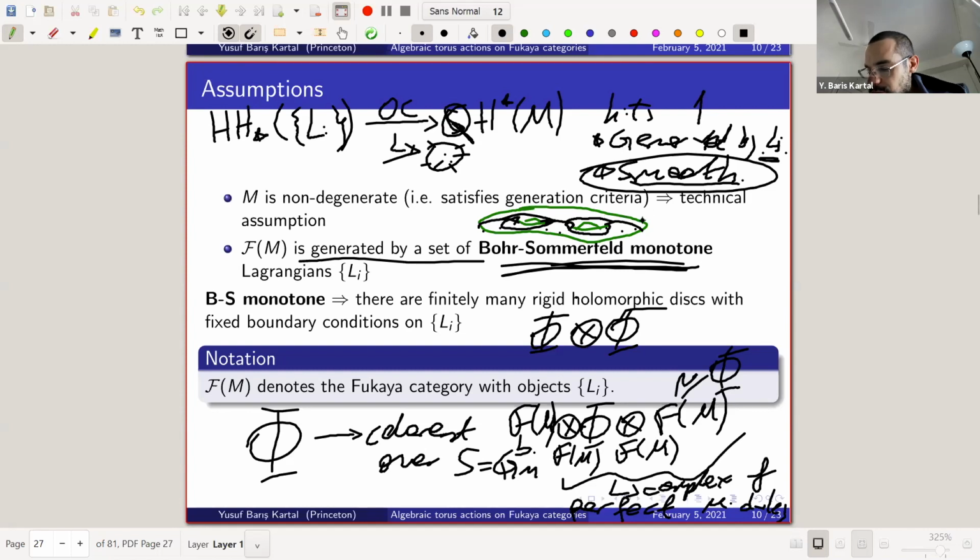Again, take this with a grain of salt. I need to check this again, but there are some references for this. I may also not need this one, but I did this anyway.